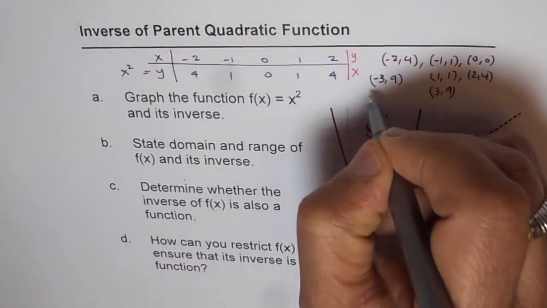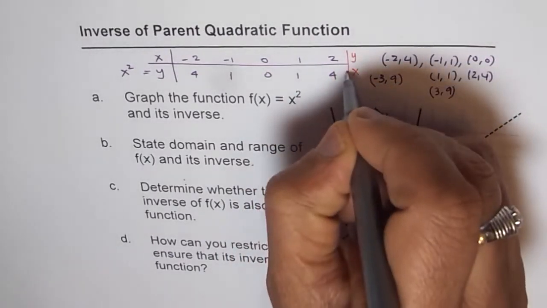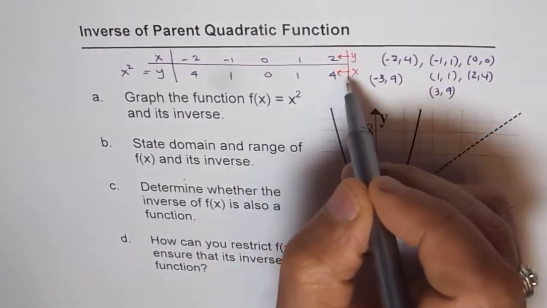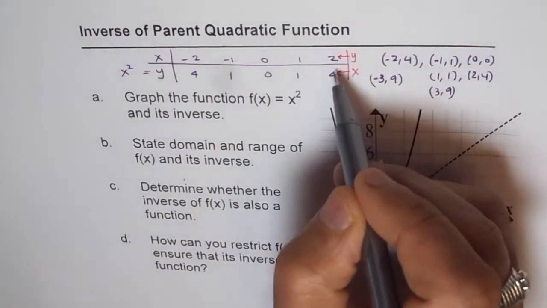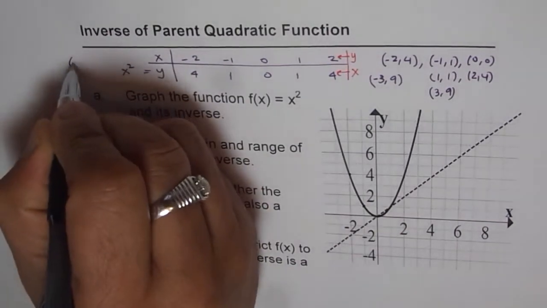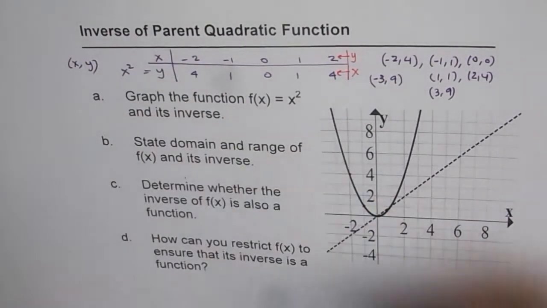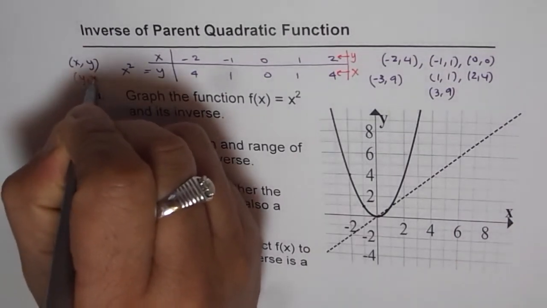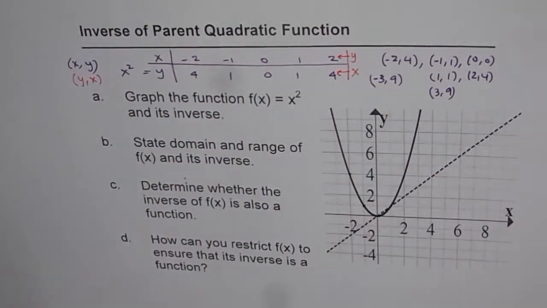That is what the inverse function really is. If the function gives us the coordinate points x and y, then the inverse will give us the points y and x. That is how we get the points of the inverse function.